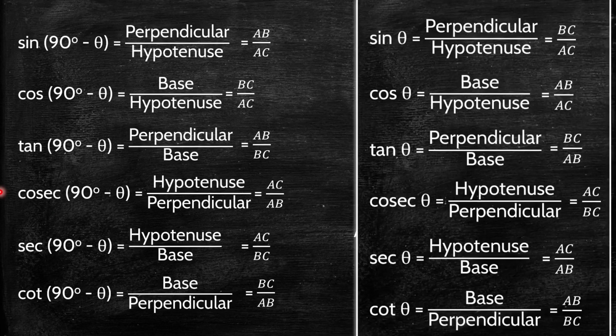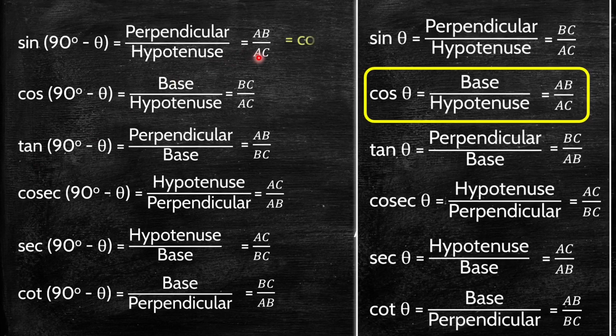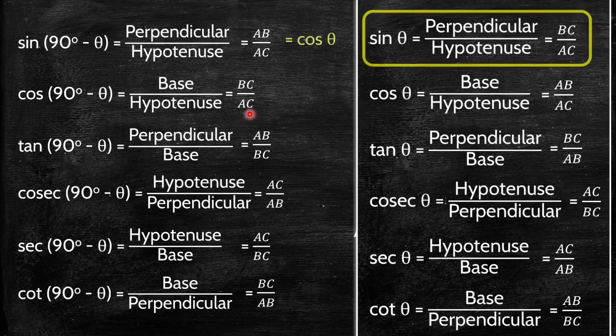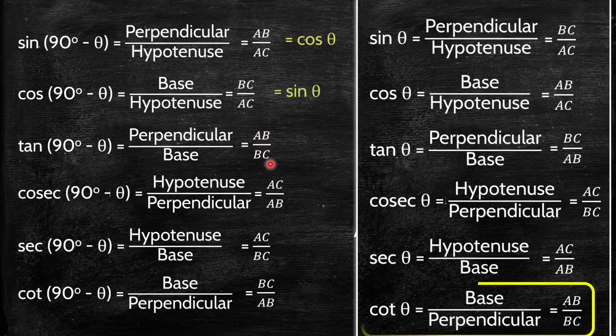Students, we also found out that AB by AC is cos theta. Similarly, we found that BC by AC is sin theta. AB by BC is cot theta.